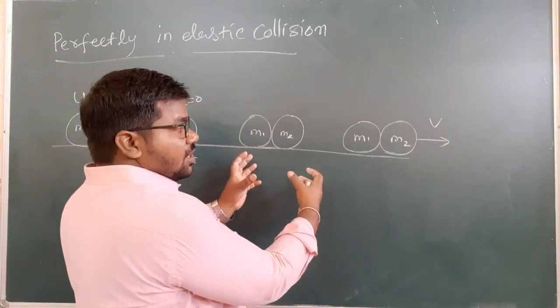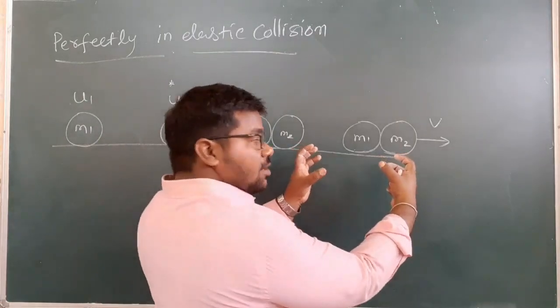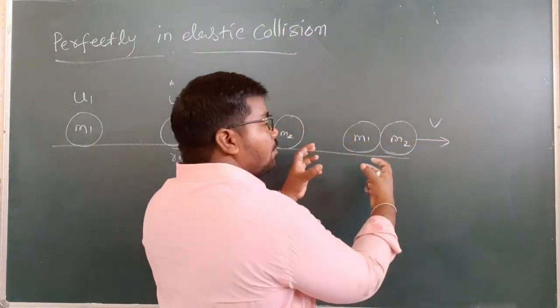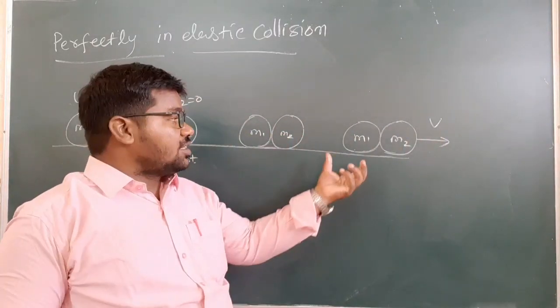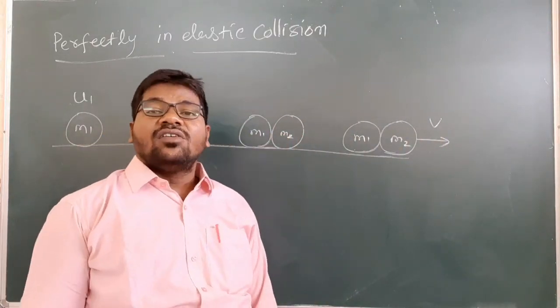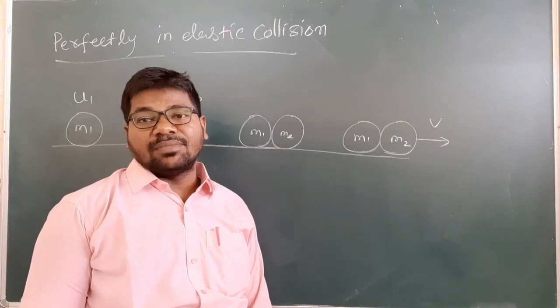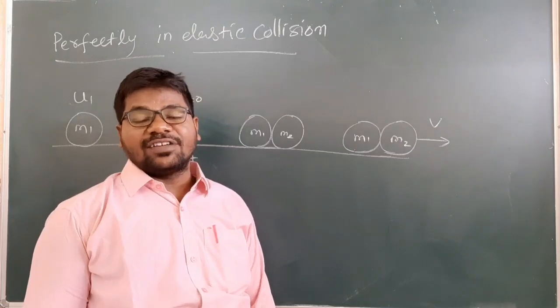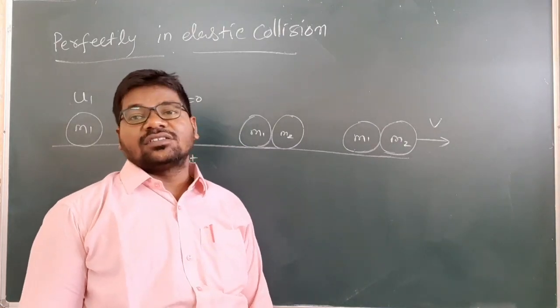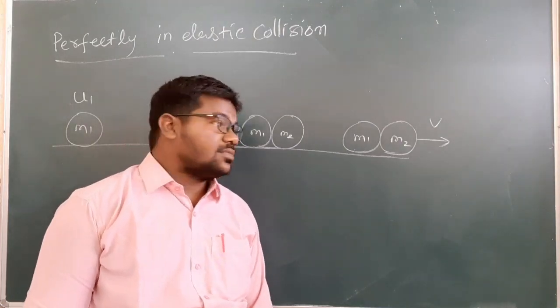Collision takes place. After collision these two bodies move with the same velocity. So this type of collision we call perfectly inelastic collision, my dear children. Understand, my dear children? Yes.